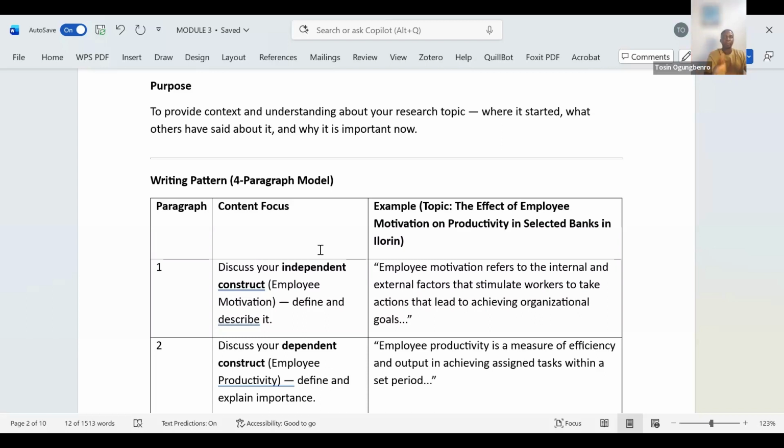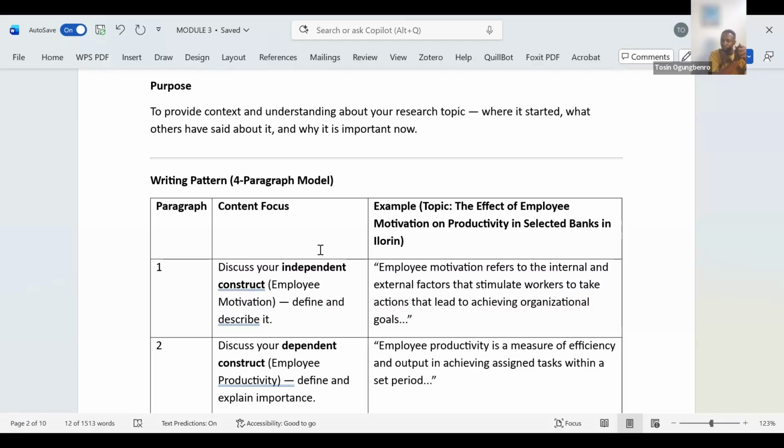It looks like a literature review because you're trying to logically provide as much context as possible to the study you are researching and the problem you are trying to solve.